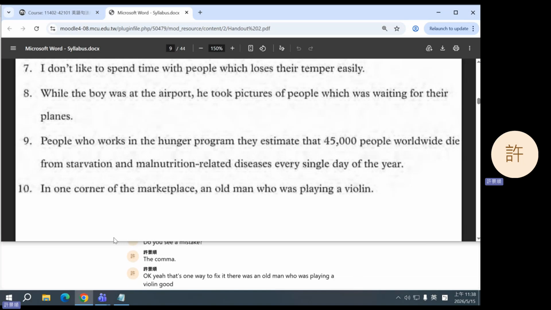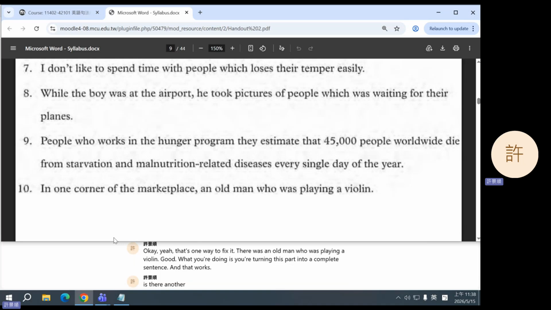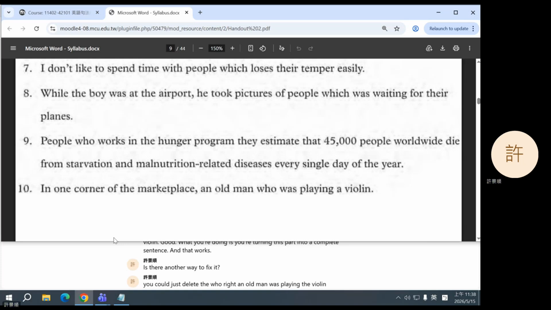What you're doing is you're turning this part into a complete sentence. And that works. Is there another way to fix it? You could just delete the "who," right? "An old man was playing the violin." It seems faster to me, but both answers work.